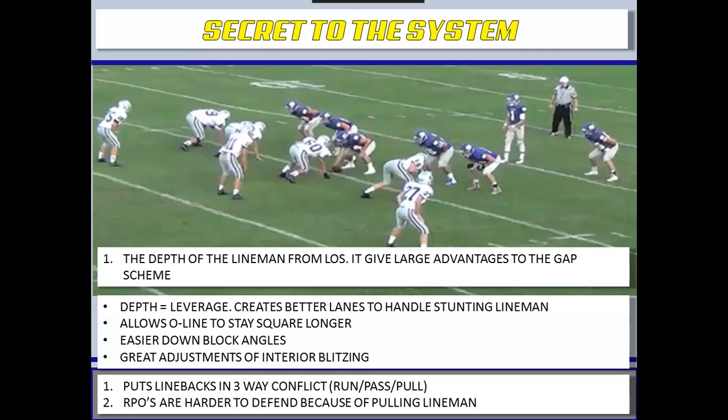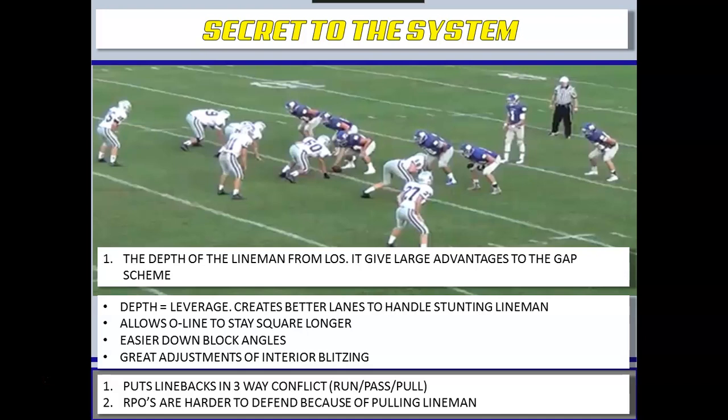Absolutely, it does not. It's the same reason we play our linebackers at depth. Depth equals leverage. It creates better lanes to handle the stunting lineman in an odd front because we're able to stay square longer. The slant of the defensive lineman now becomes greater. It's a greater angle for him to get to the hip of that guard. It's a more flat angle.